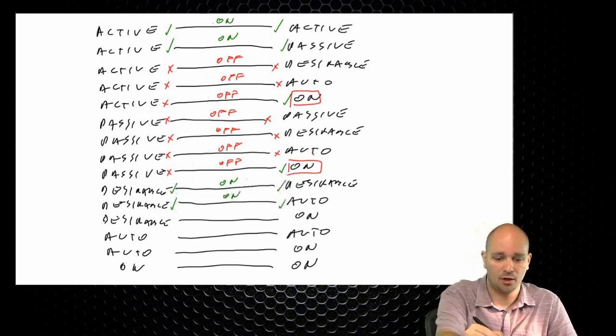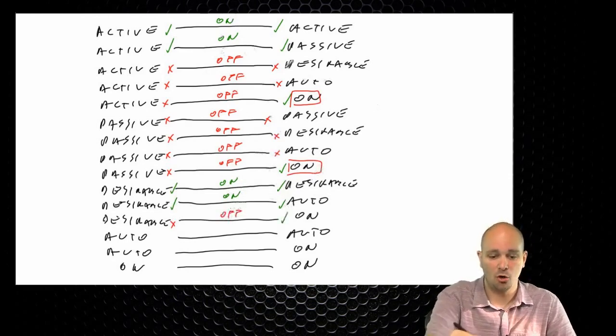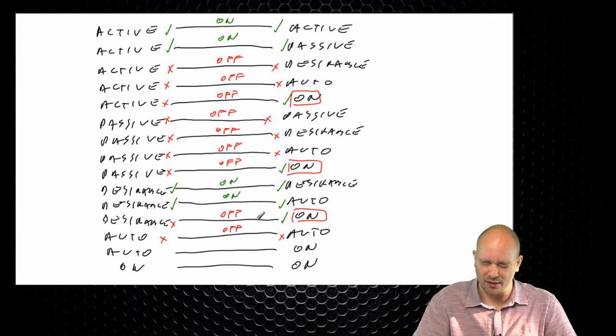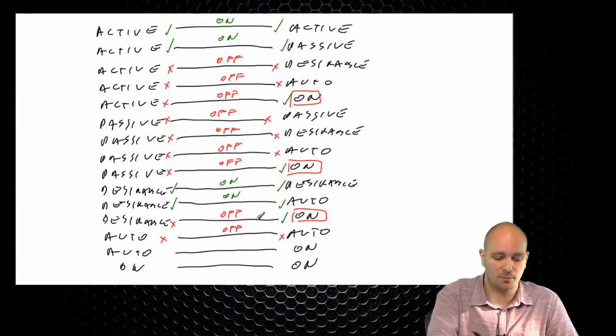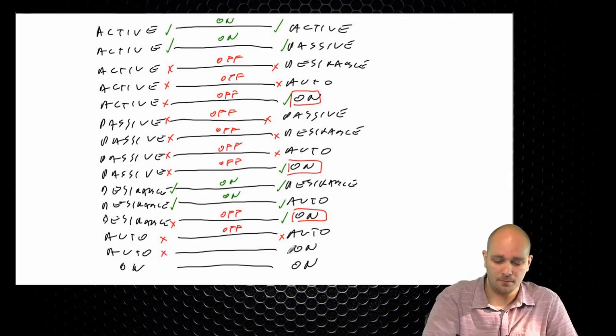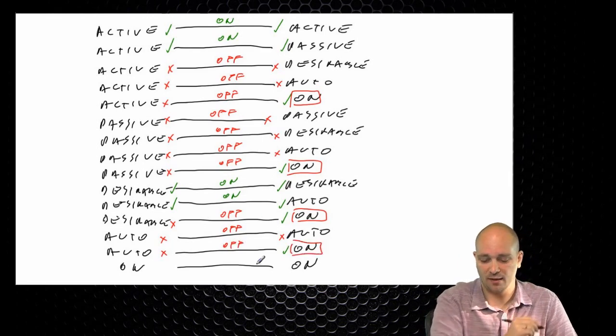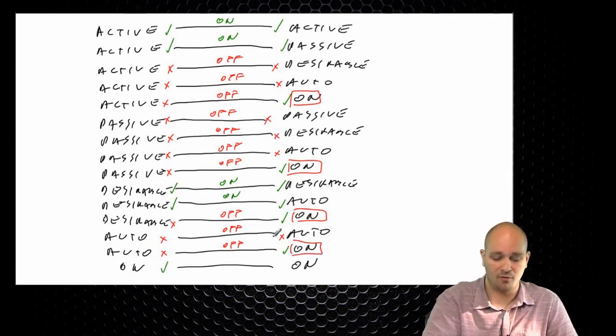If we have desirable and on, again, this is a mismatch in configuration, so EtherChannel is technically speaking inoperative, but the on side thinks this is an EtherChannel and is in danger of creating loops. Auto and auto, again, this is a valid configuration that will cause the EtherChannels not to be operative, but there is nothing dangerous about this combination. Auto and on, again, mismatch in configuration that will cause the EtherChannel not to be operative, and a loop can form.